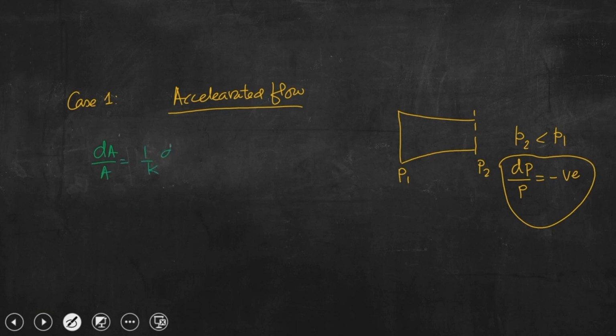Now if we recall the expression, dA by A equals 1 upon k dP by P into (1 minus M square) by M square.